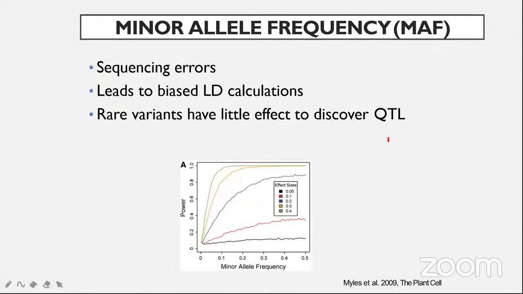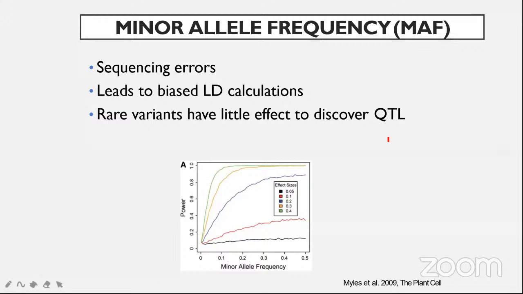The next part is, once you complete the imputation, there could be some sequencing errors, which we expect to be 1%, or in some models even 5%. At the same time, we need to remove markers that are present at a lower frequency, and also because for LD calculations they could lead to bias. At the same time, rare variants have little effect in discovering QTL.